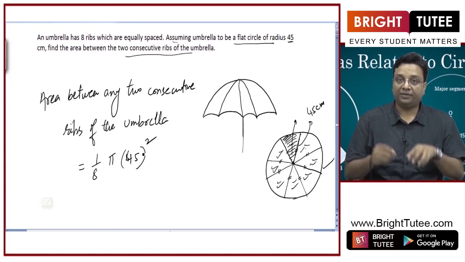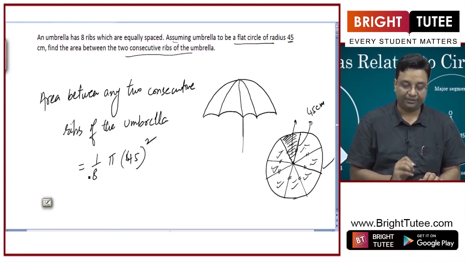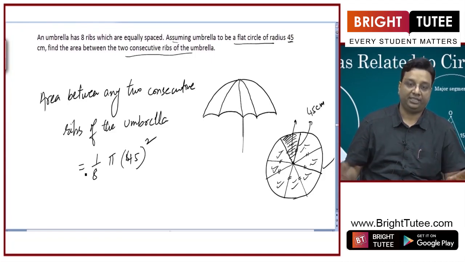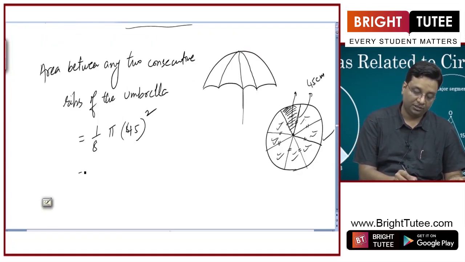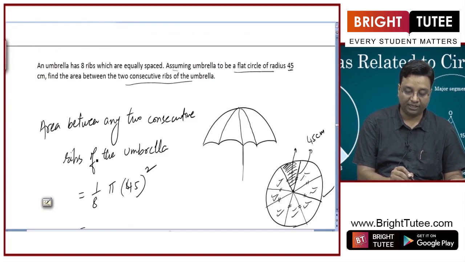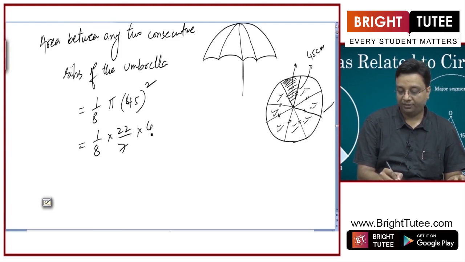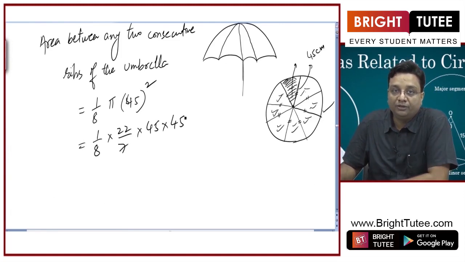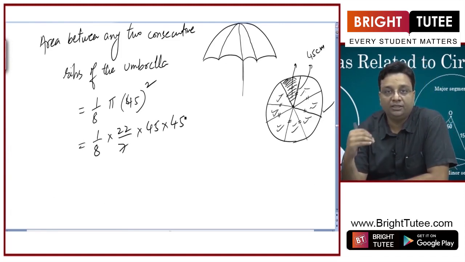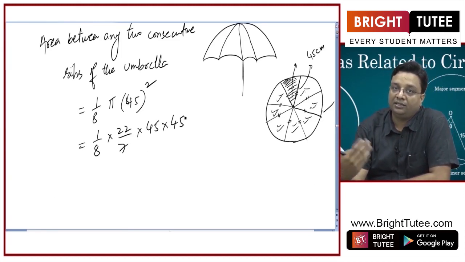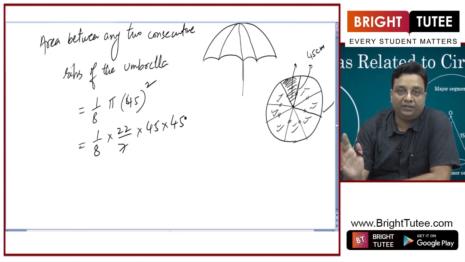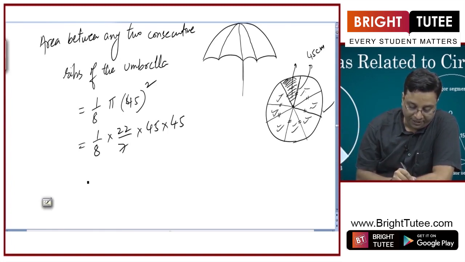So pi 45 squared divided by 8 will be the area between 2 consecutive ribs. Now just the calculation part is left, so you can simplify it like this. It depends on what value of pi you take, 22 by 7 or 3.14. If it is mentioned in the question, you have to take the same value. Otherwise, you can take any value you are convenient with.